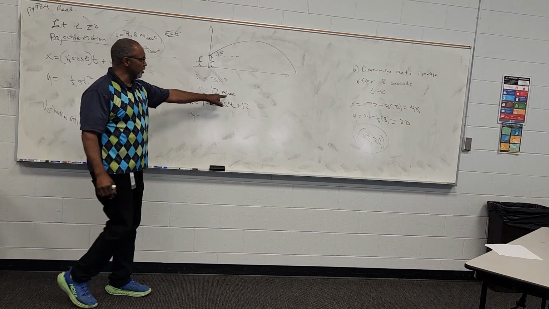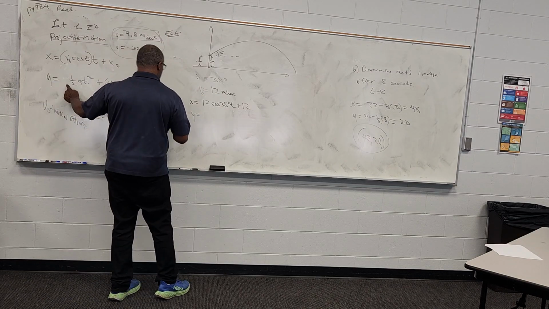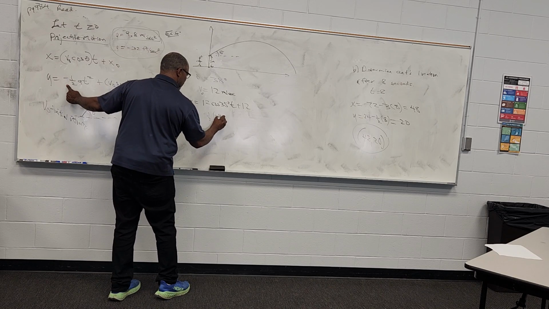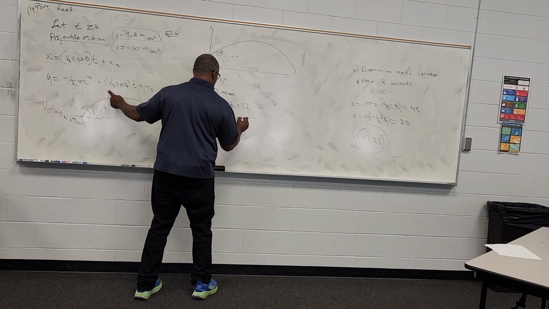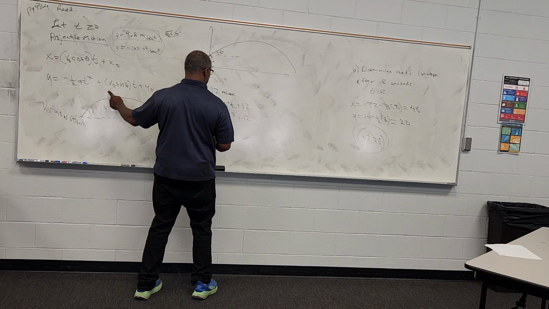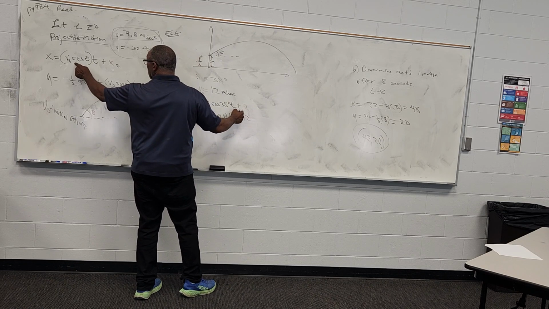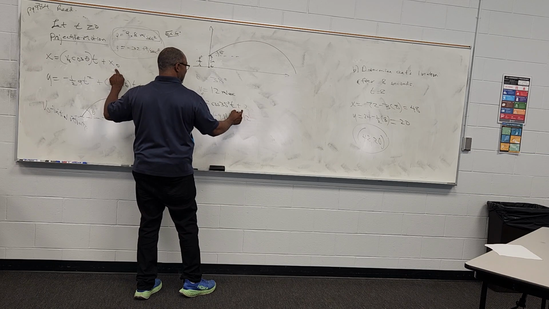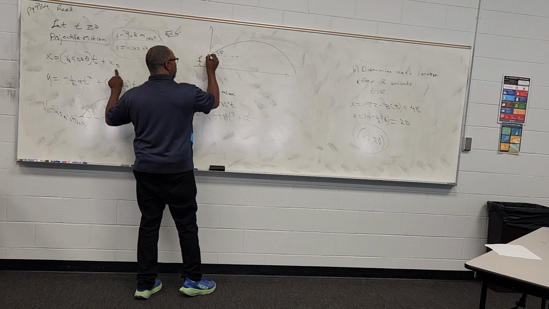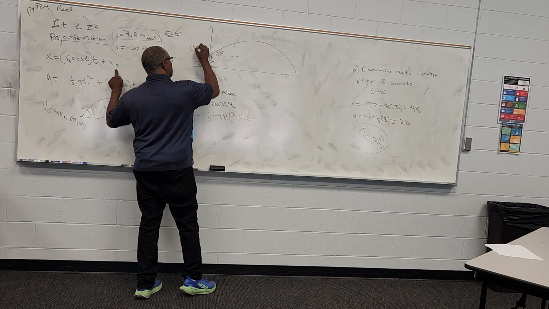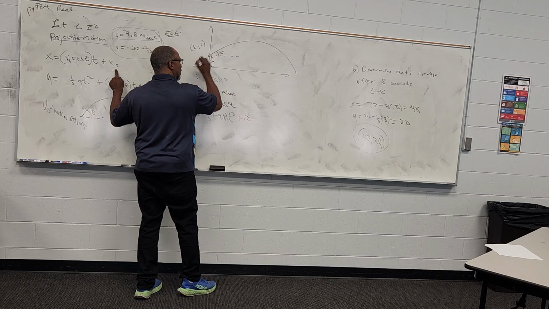But since they're talking meters per second, I'm going to use negative 9.8 meters per second squared. X0 was 0, sorry. Where the shot put was released was at x equals 0, y equals 2, so the initial x coordinate was 0.